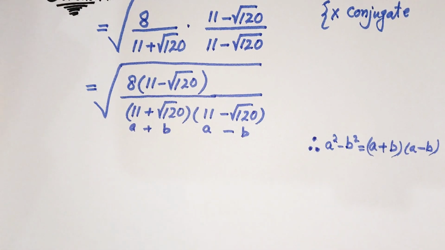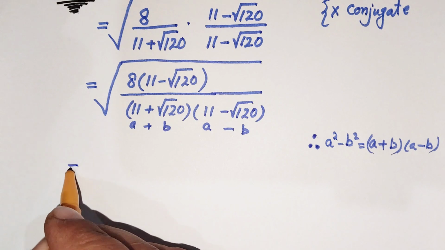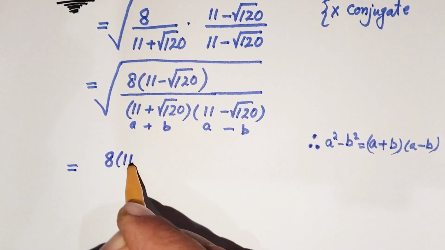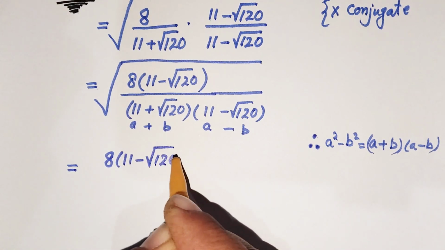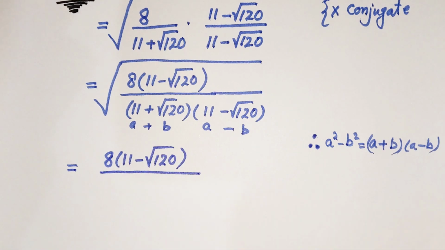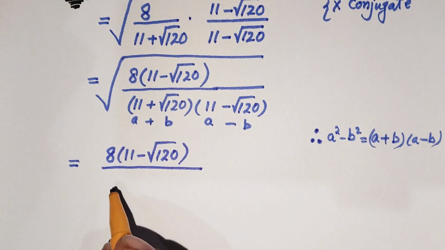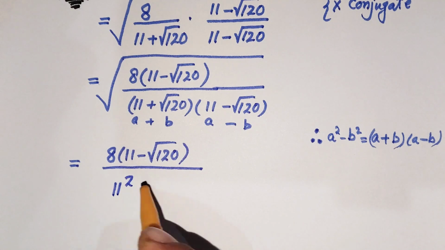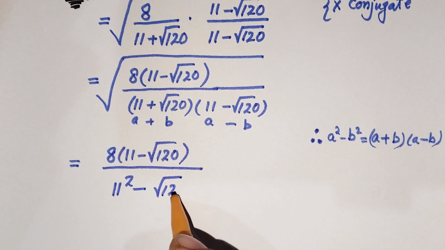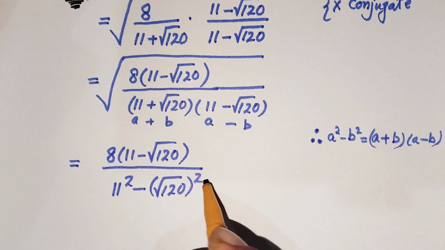So here a plus b times a minus b, then we can write 8 times 11 minus the square root of 120, all over a square, which is 11 square, minus the square root of 120 whole square.